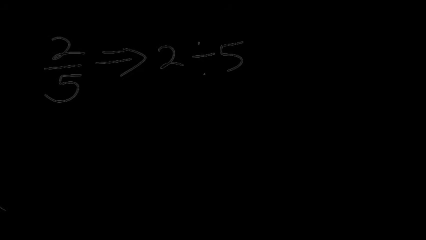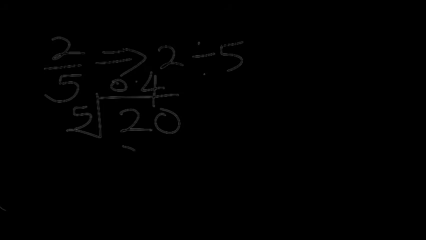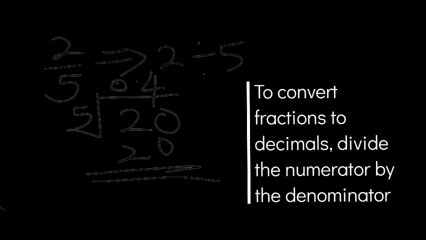All you need to do is just divide as usual. 5 into 2 cannot go, so put on 0 and add 0. 5 into 20 is 4. 4 times 5, 20. Now you have converted the fraction to decimal. So to convert a fraction to decimal, you divide by the denominator.